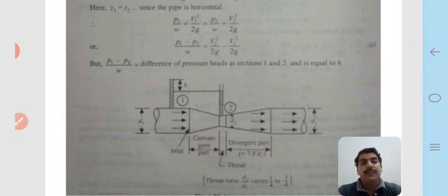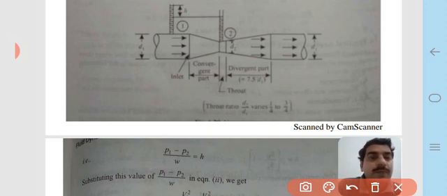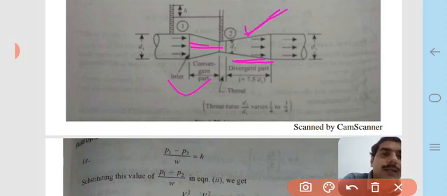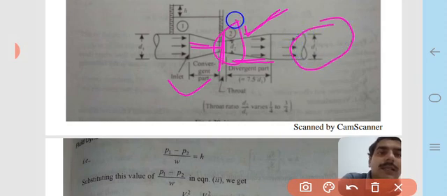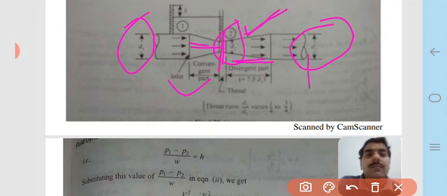In that figure, this is the convergent part, this is the divergent part, and this is the throat. Here d2 and d1 are the diameters of this Venturi meter.